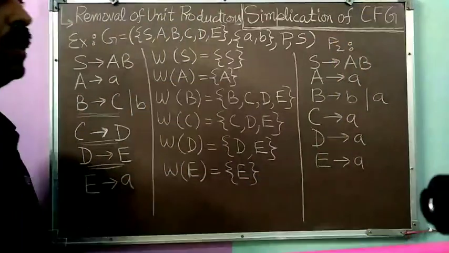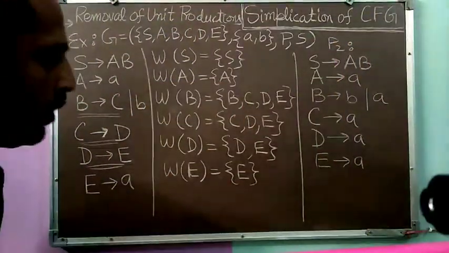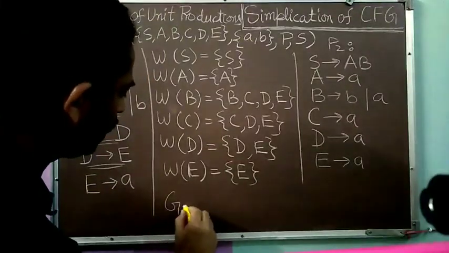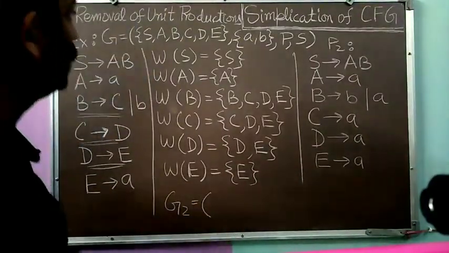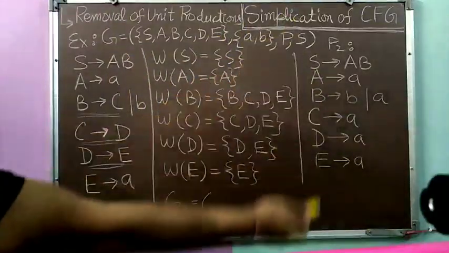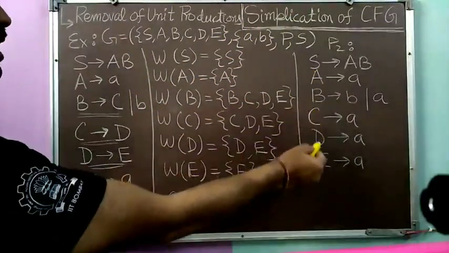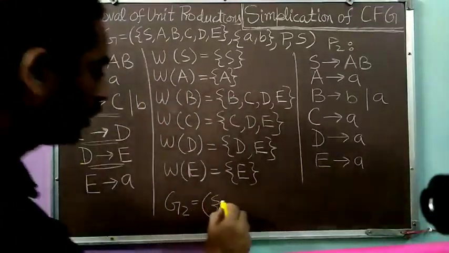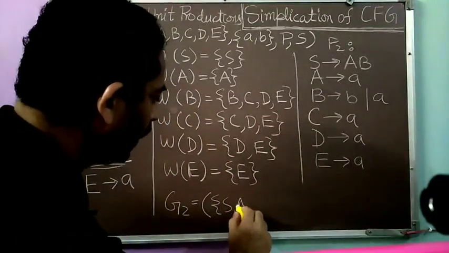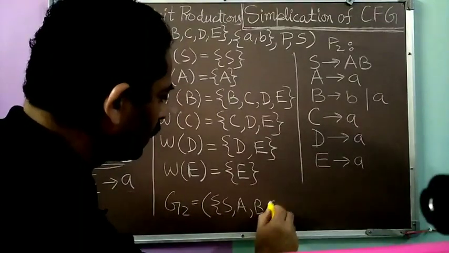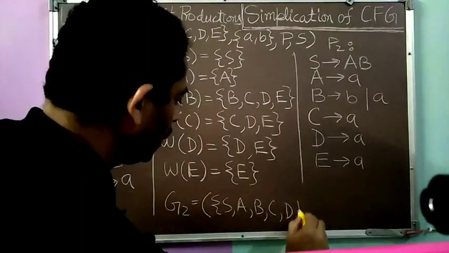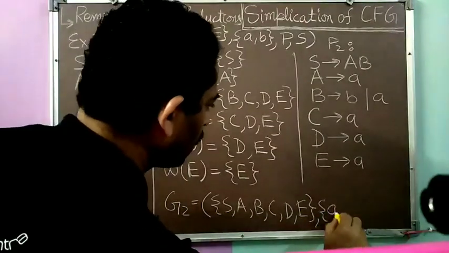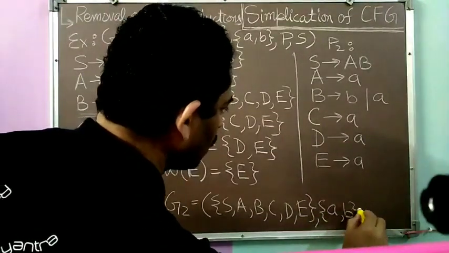So this will be P2, and my grammar G2 will be equal to, all these variables are present in this grammar also: S, A, B, C, D and E. The set of variables will not change, as I have told you. The set of terminals will not change: small a and small b.